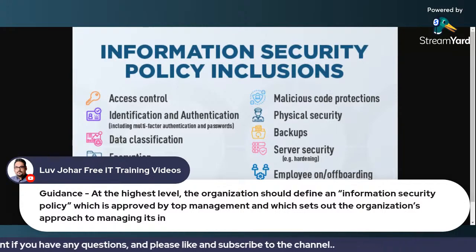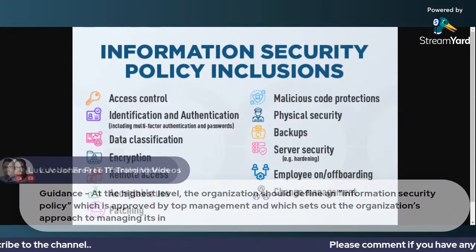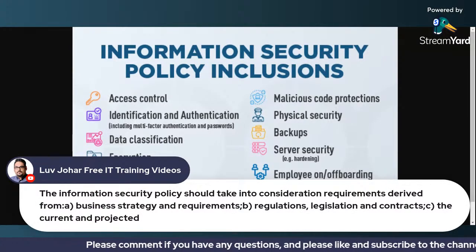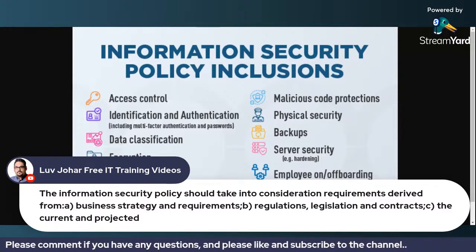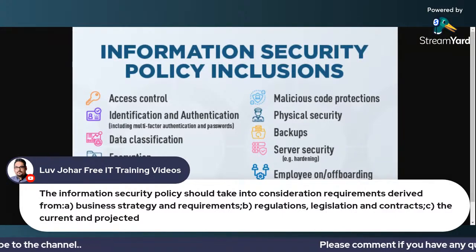And now, what should the information security policy take into consideration? It should take into consideration requirements derived from the business strategy and requirements. What is the business strategy that you have? What are the requirements of that business strategy? And second, regulations.